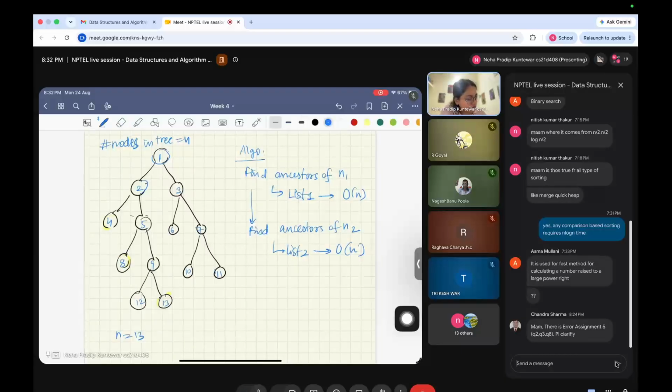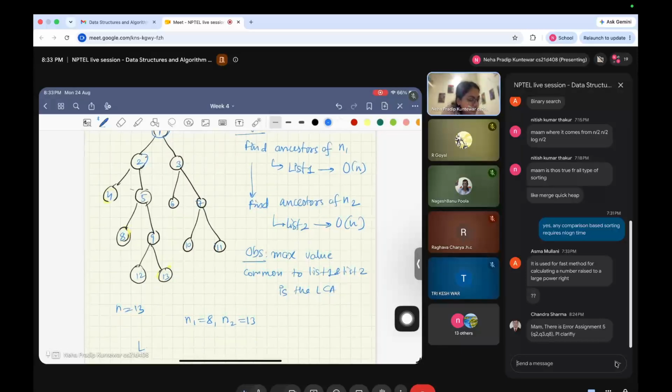So the observation is that the maximum value common to list 1 and list 2 is the least common ancestor, because let us run this example with n1 as 8 and, let's say, n2 is 13 again.